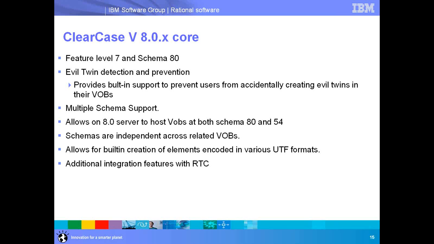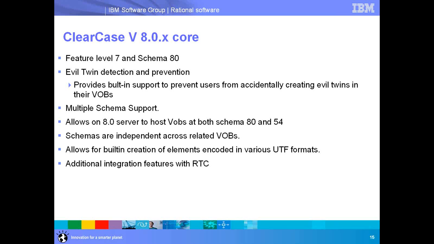And in 8.0 you have the multiple schema support. When we say multiple schema, this option would help you when you are executing the upgrade, because when you perform an upgrade, obviously your WOBs would be at an older schema version, that is 54. So as soon as you upgrade, it's not possible for you to reformat your WOB and increase the schema level to 80.